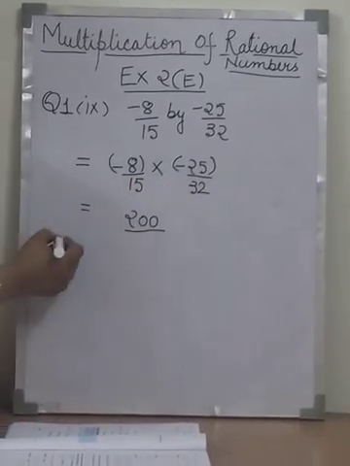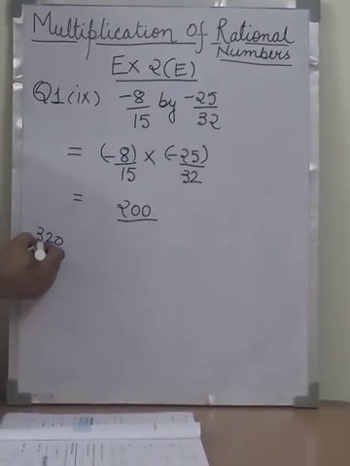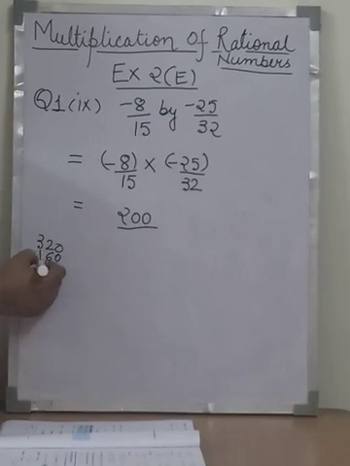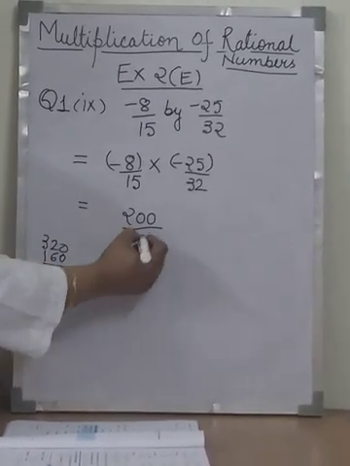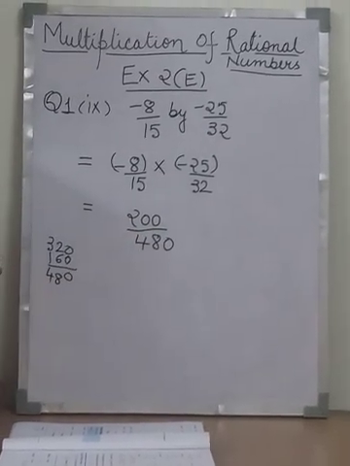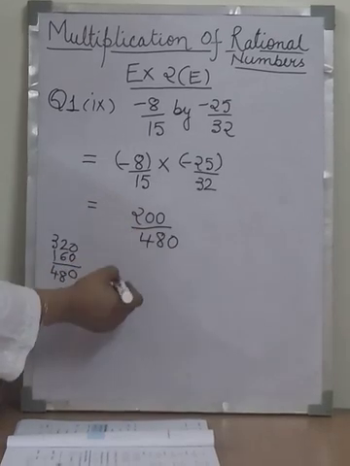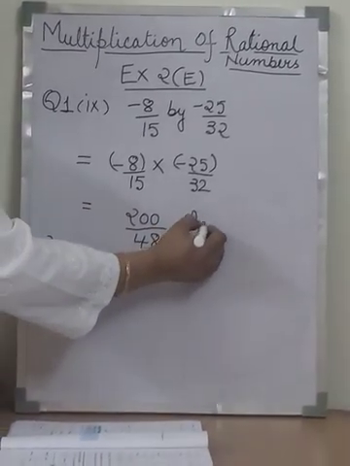Now we multiply 32 with 15, that will give you 480. So the answer is 200 by 480. As the result is a proper fraction, we give the answer this way.